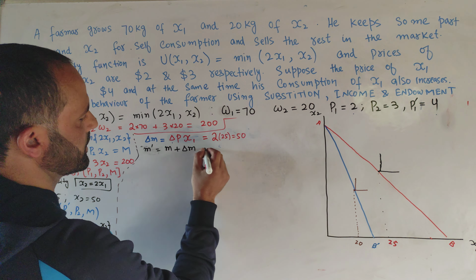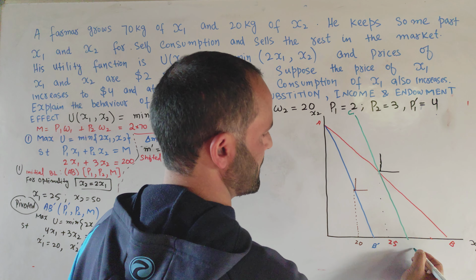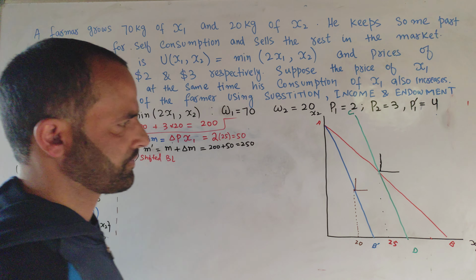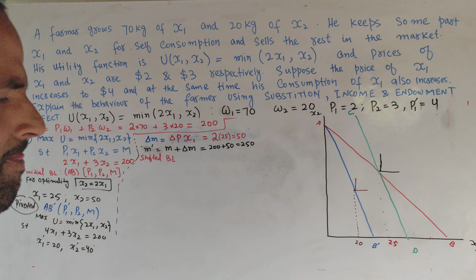When I draw the shifted budget line, it should be parallel to the pivoted budget line. The simple reason is that relative prices have remained the same. Now the problem is I cannot even name it, so let us say it is CD.